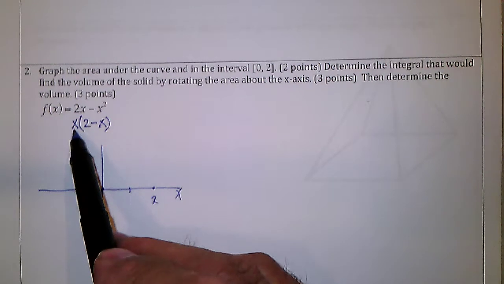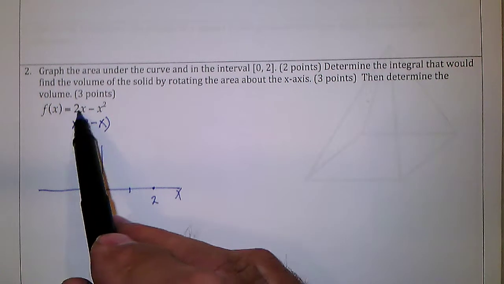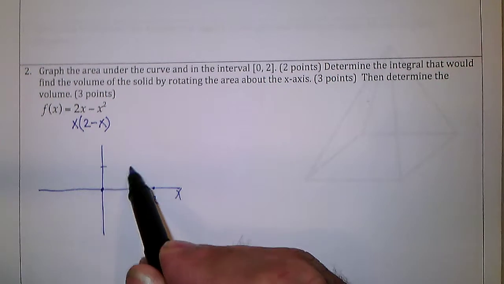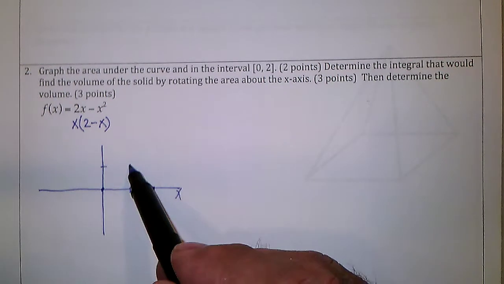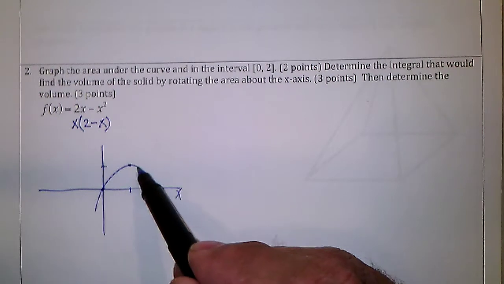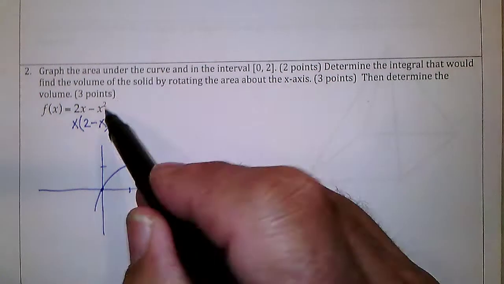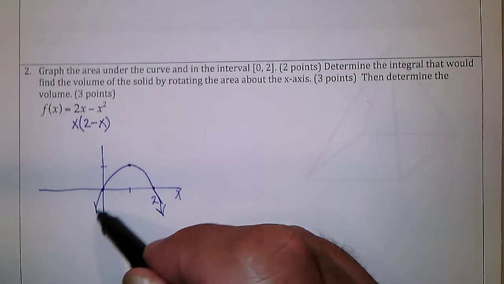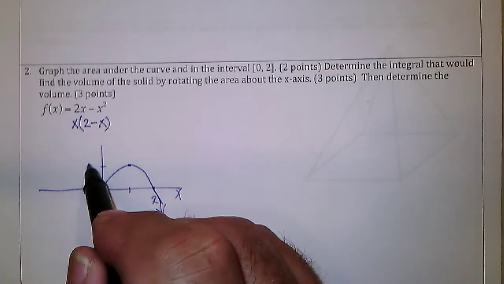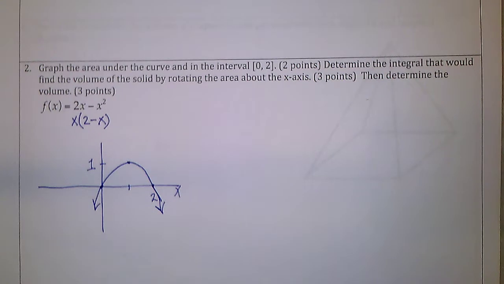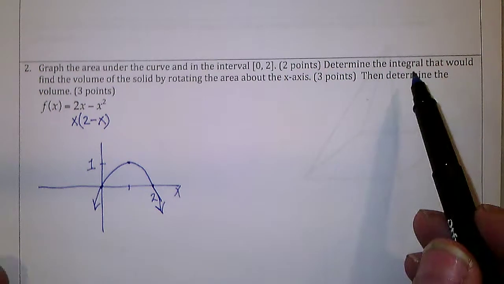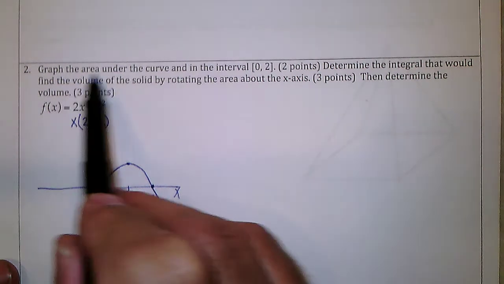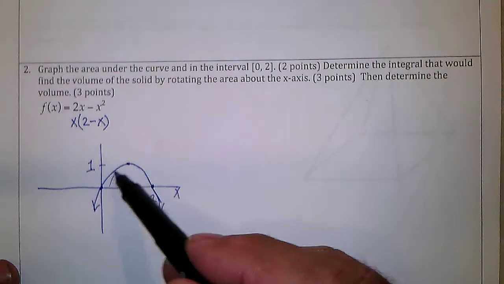At 1, it's going to be 1 times 2 minus 1, which is 1. And it's going down because it's negative x squared. Got my units on my graph and got the graph. And we're going from 0 to 2. And the area under the curve, that would be this area.